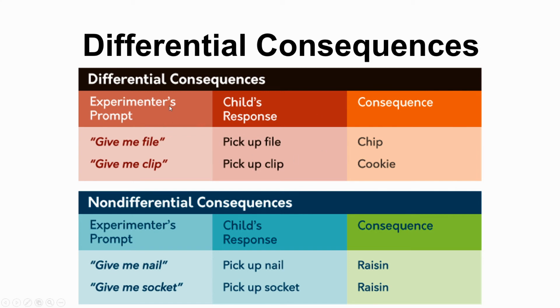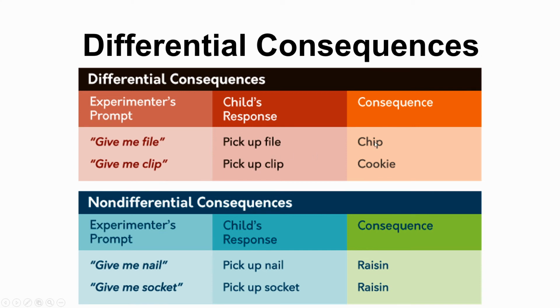So the example they give is that if we have our experimenter prompt or our antecedent of "give me the file" or "give me the clip," if the child produces, say, the correct response, so if they're asked for a file and they give a file, if they're asked for a clip and they give a clip, each of these sort of chains of events will lead to different, or differential, consequences. Correctly handing them the file will get them a chip, and correctly picking up the clip will get them a cookie.